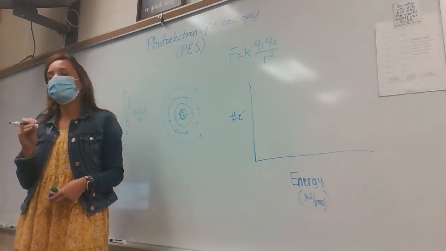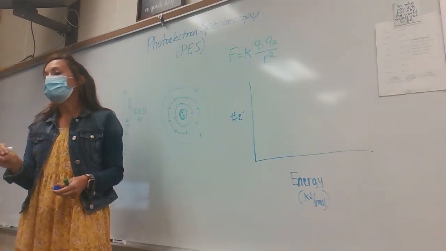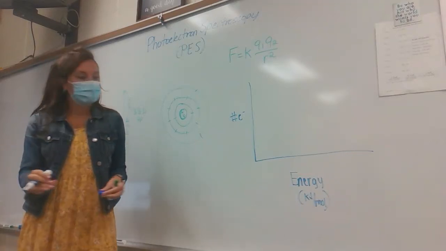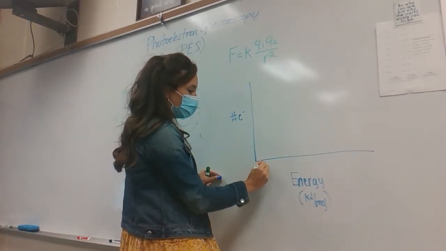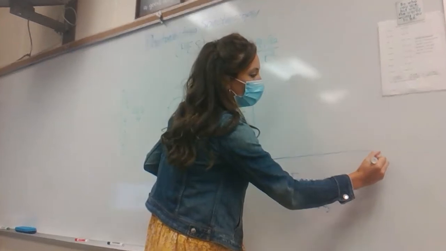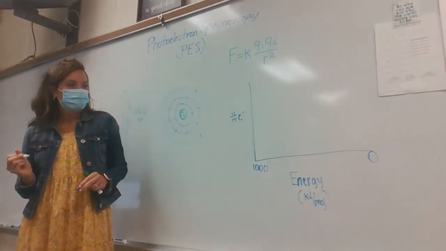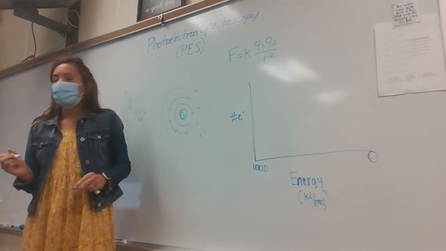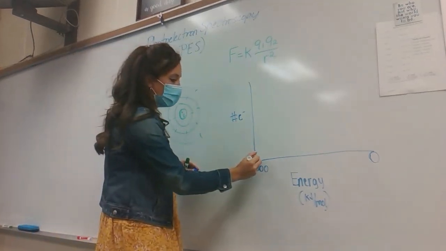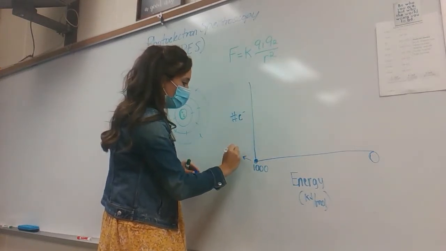Here's the weirdest part about PES. Many times, not all the time, but many times, they'll have the highest energy here and the lowest energy out here. It's backwards. And that's because they're trying to represent this, the origin, as the nucleus.